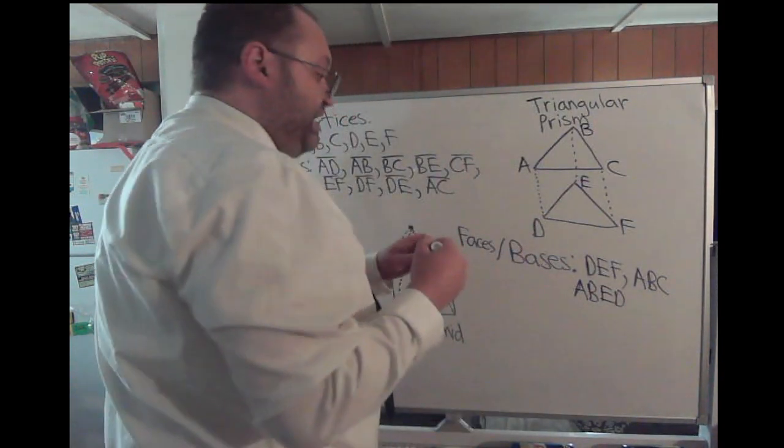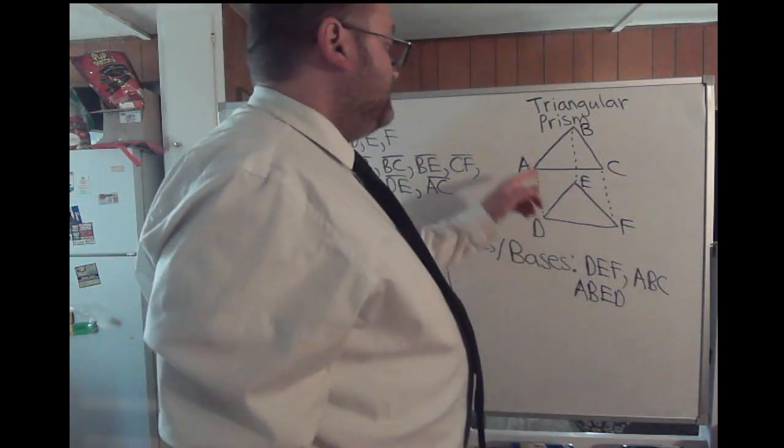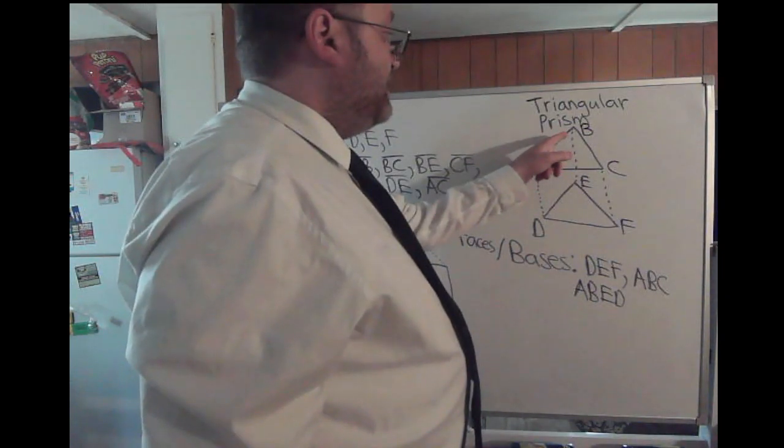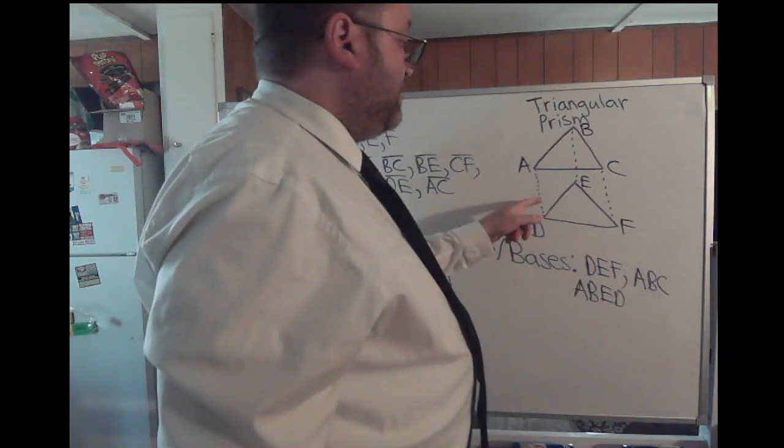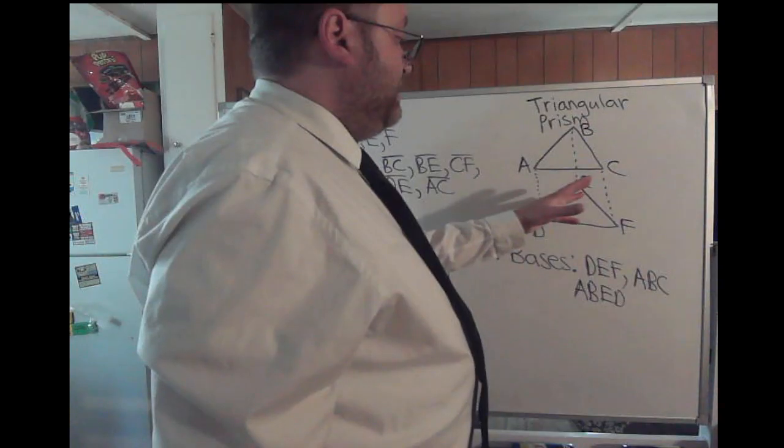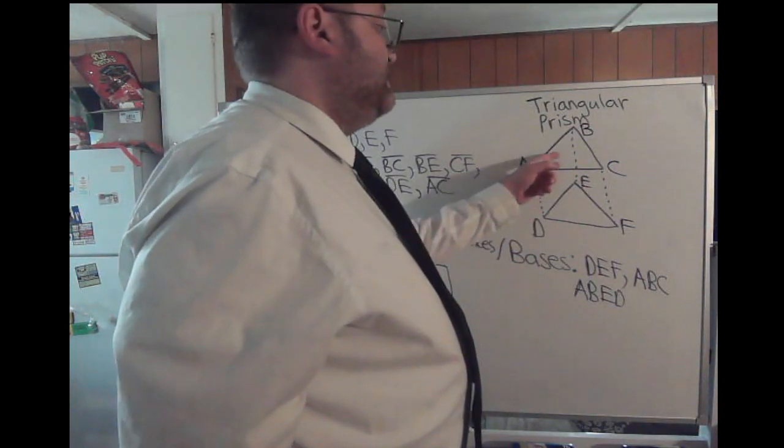Why do I say A, B, E, D? Because if you look on the side of this triangular prism, you have 3 rectangular faces that go around.